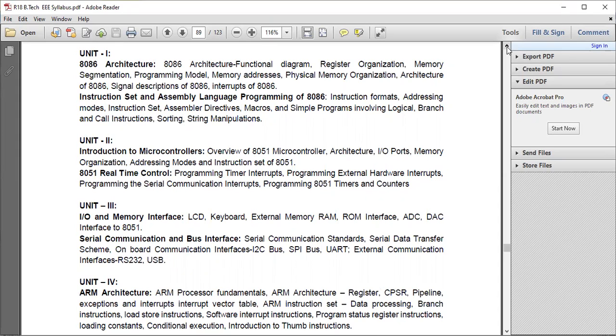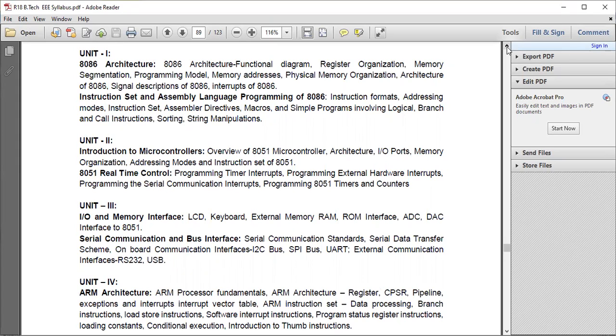These different programs you will execute in MASM, that is the Microsoft Assembler software, which you will use in your microprocessor and microcontrollers lab. So these are the topics which are covered in the first unit. First unit, first part is about 8086 architecture. First unit, second part is completely about the programming part.